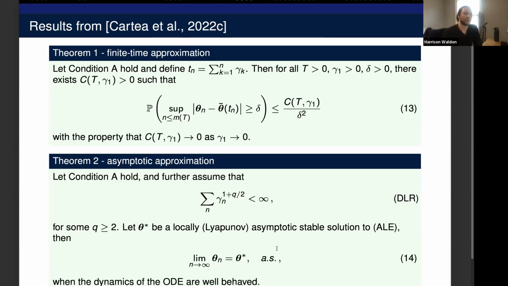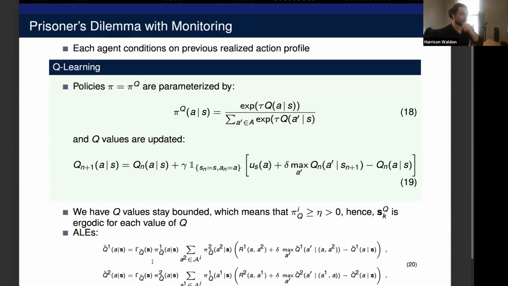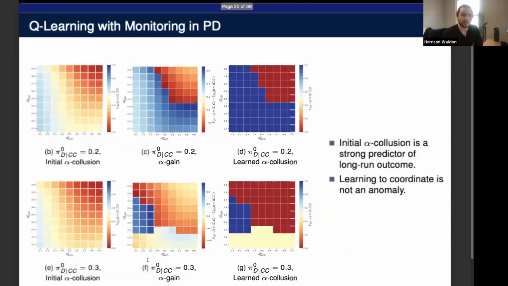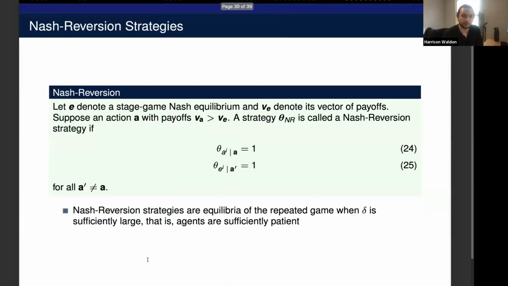And for the Q-learning ODE, this is pretty difficult, because you need to deal with the stationary distribution here, so you need to differentiate through it, which is quite difficult. I know I'm running a bit short on time.